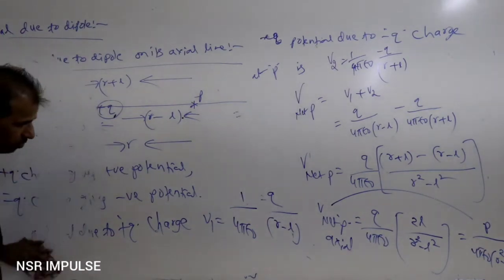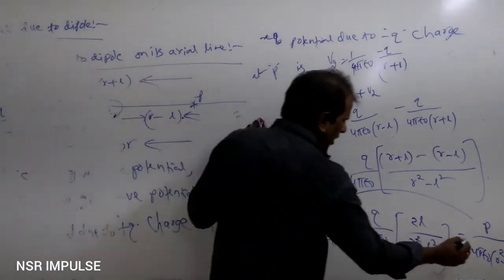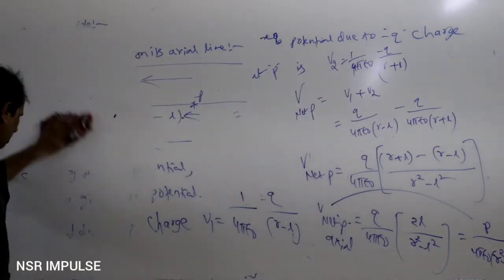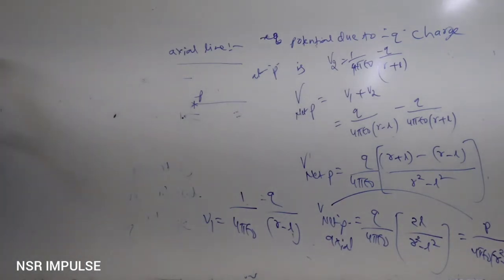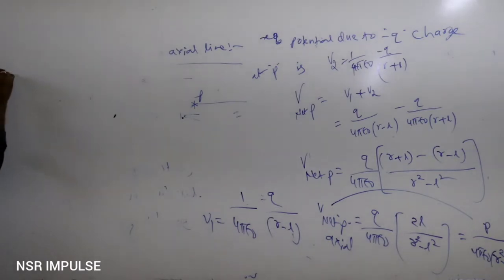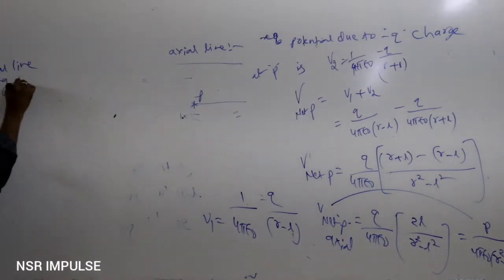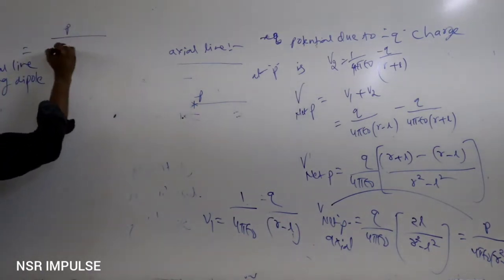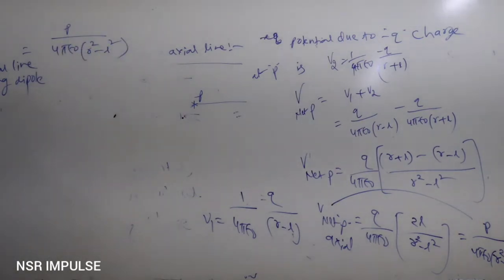So that is the potential at point P on the axial line, for a long dipole. You remember that it is r square minus L square. Now the potential at point P on the axial line of a long dipole is P by 4 pi epsilon naught r square minus L square.